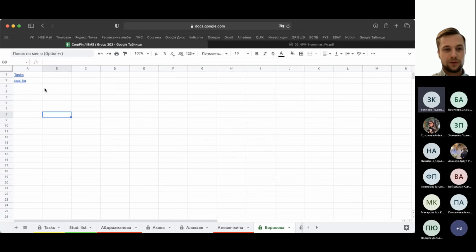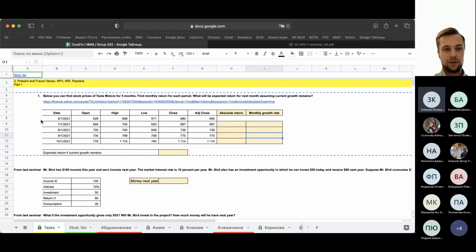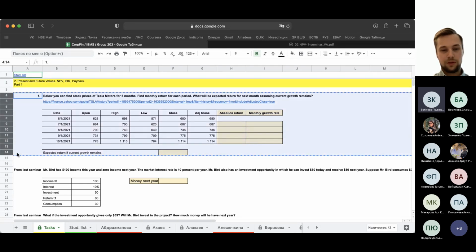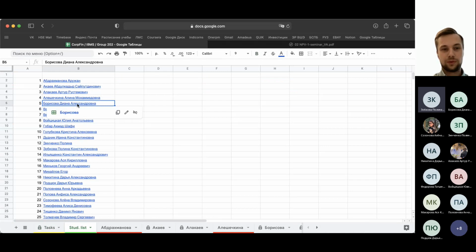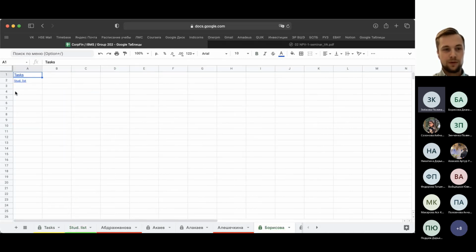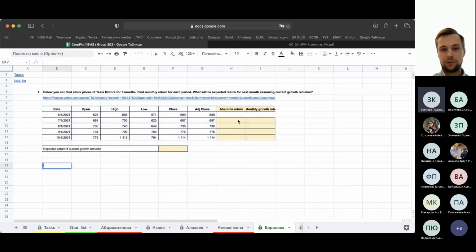From your personal spreadsheet, you can smoothly go to the tasks tab, and you can copy the problems to your own spreadsheet and make the calculations on your personal spreadsheet. Like this, you just copy and make some calculations here.